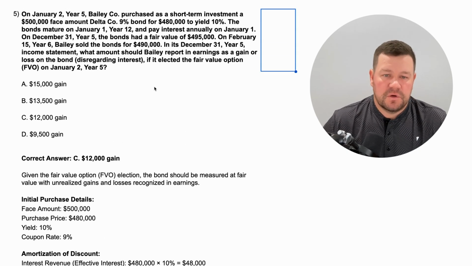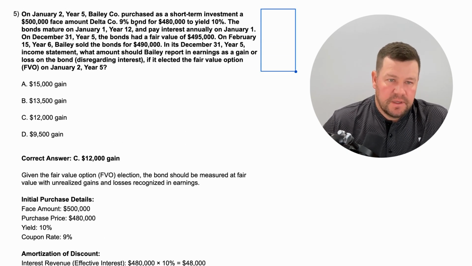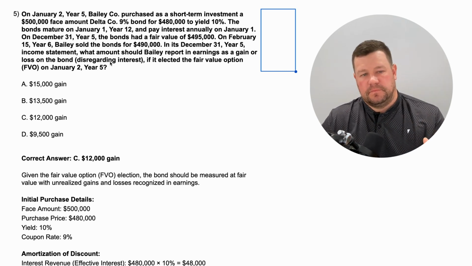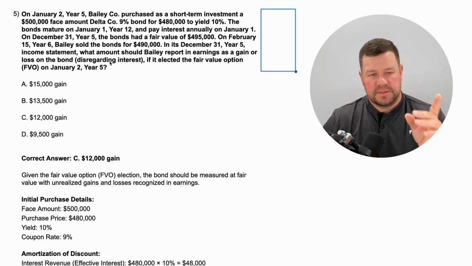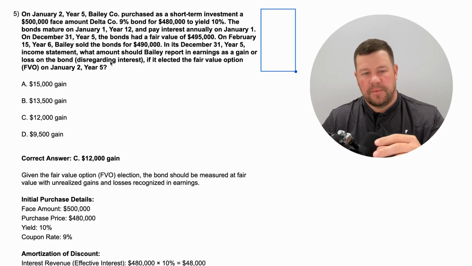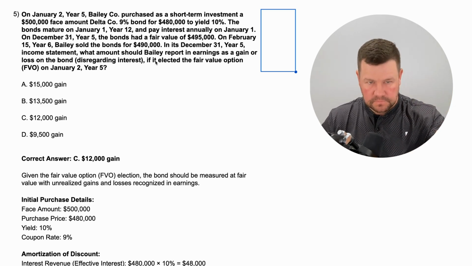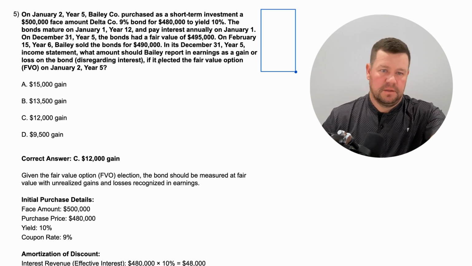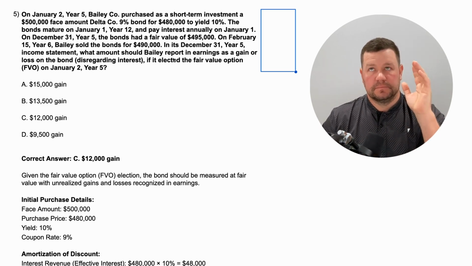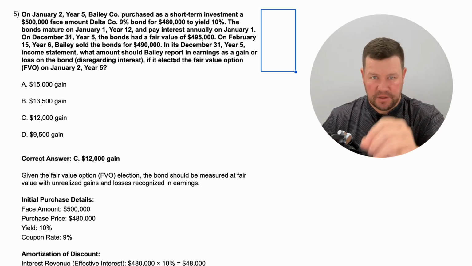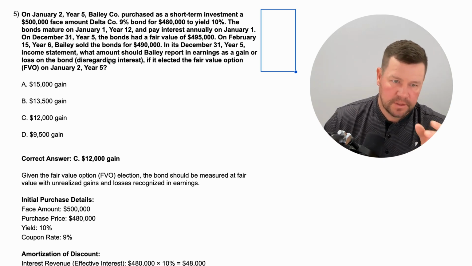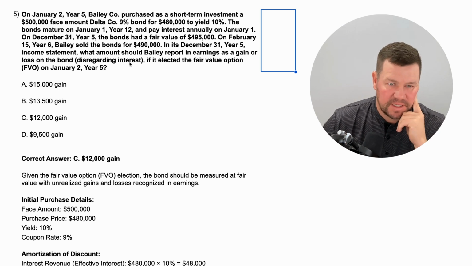Now, from the previous questions, it says disregarding interest, and what that is referring to is that we're disregarding the interest income from the bond for the purposes of this question. What would you report as far as the fair value option election from this bond? So that's what disregarding the interest means.